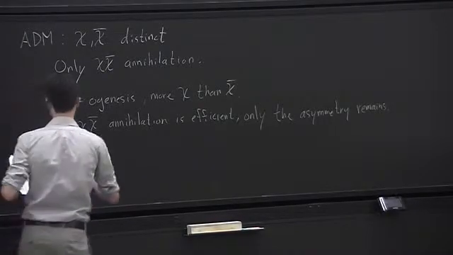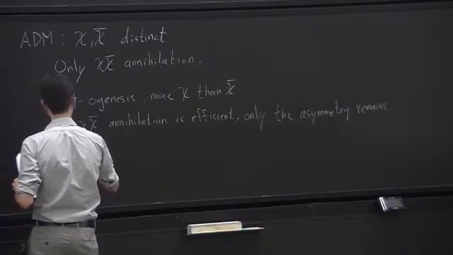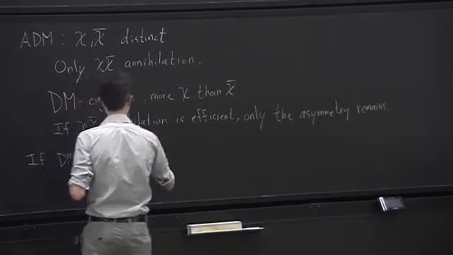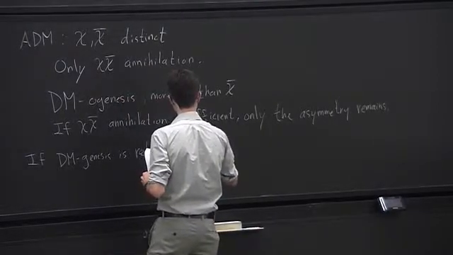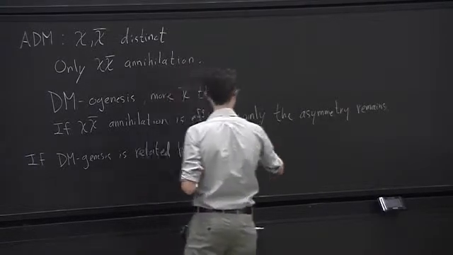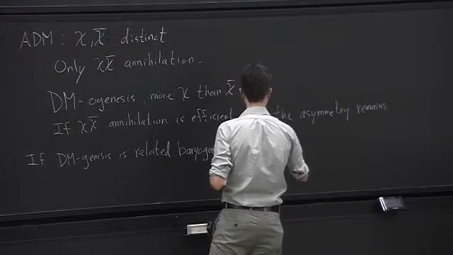So in this case, if the dark matter genesis is related to baryogenesis, what you would typically expect is the number density of dark matter to be similar to the number density of baryons.